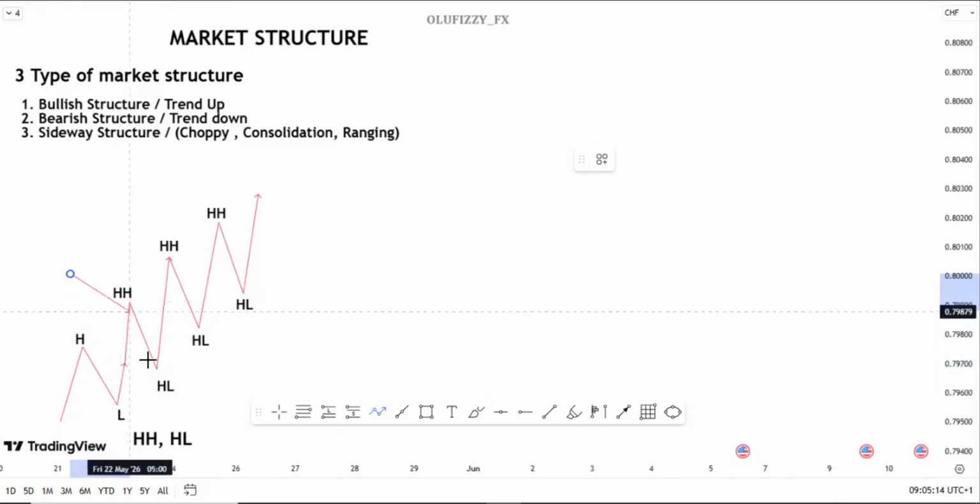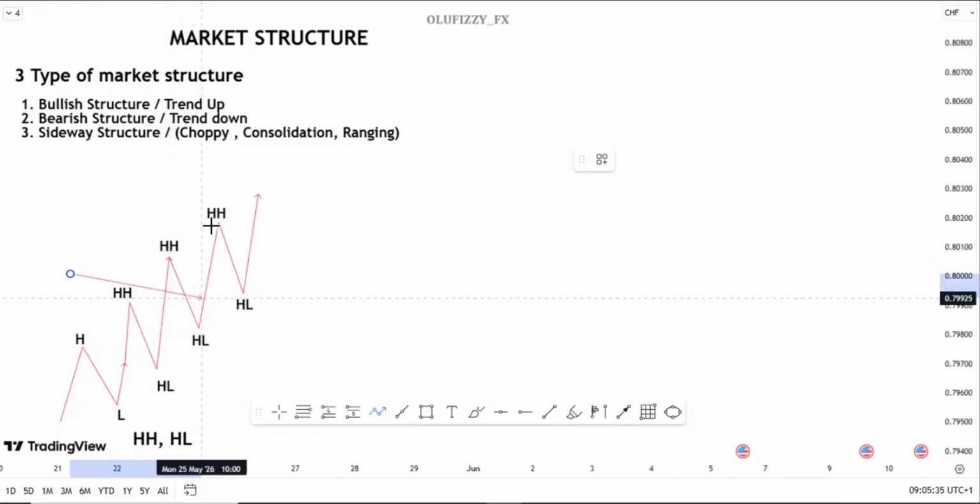So we have a pullback, then price continues to give us another impulse move, which is our main trend. Then we have a pullback, which you can call a minor trend, or a correction.